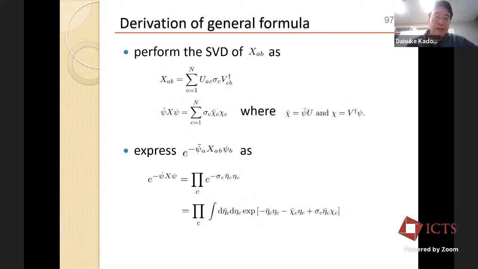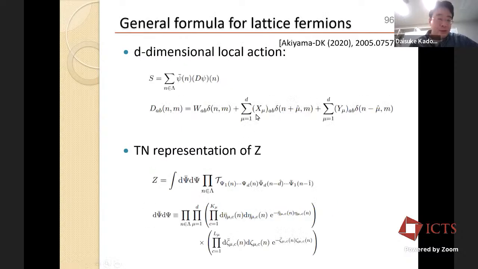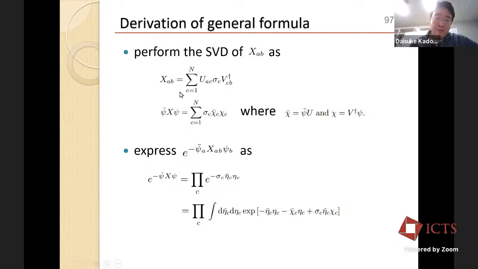Firstly, we perform the SVD of X like this. For simplicity the index mu is suppressed, and the SVD of X is given by this. U and V are unitary matrices, and sigma is the singular values.